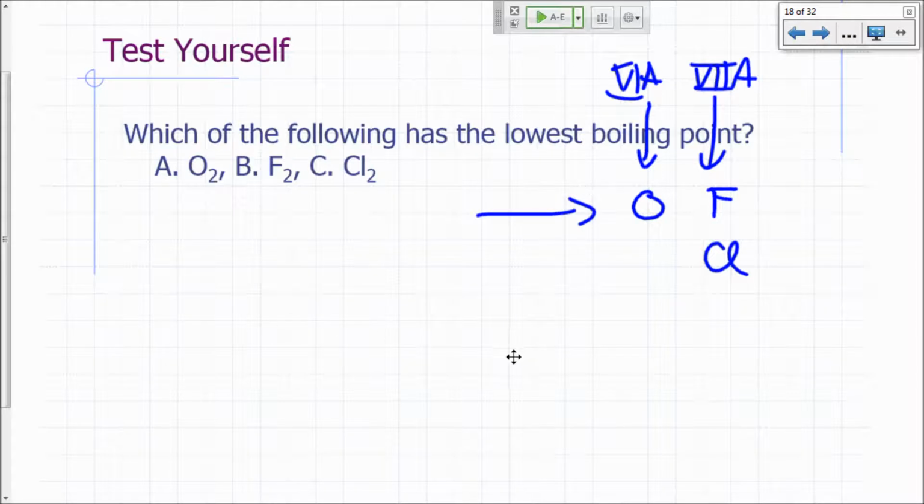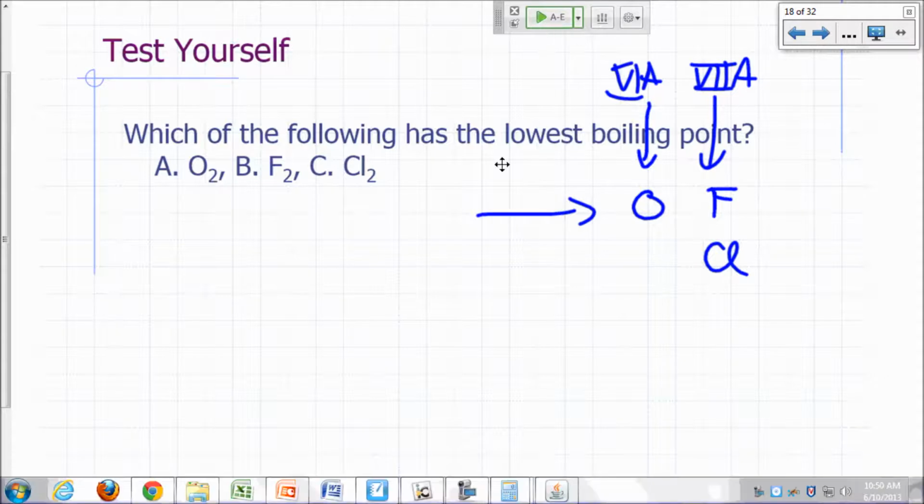Which one would have the lowest boiling point? What are we trying to look for here? Weakest attractions, right? Weakest attractions would give you the lowest boiling point. So do you have the weakest attractions among O2 molecules, Cl2 molecules, or F2 molecules?